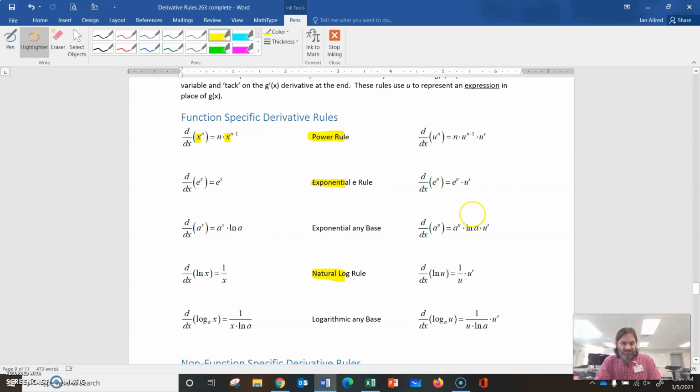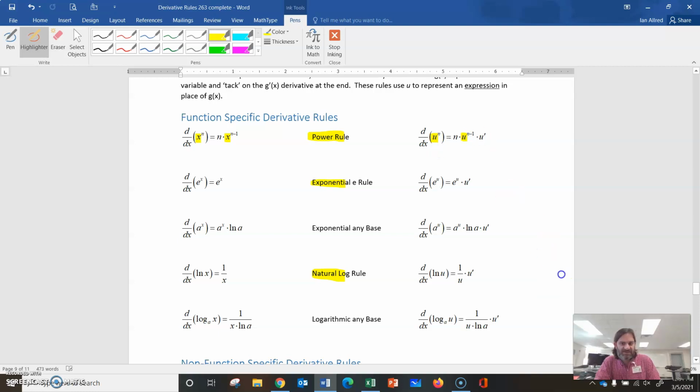But because of this chain rule with the f and the g inside of it, we don't really have to change our thinking, but we use u to represent an expression or another function. So in the chain rule idea where we had f of g, the g would be a u, which we're just replacing the x value with.